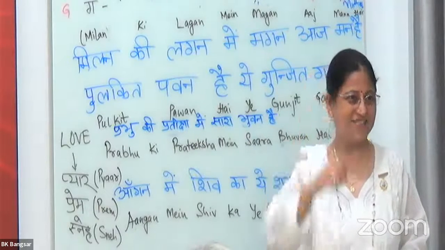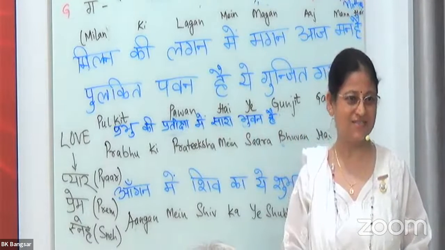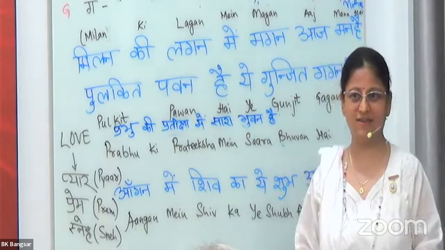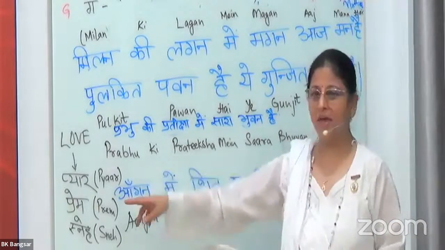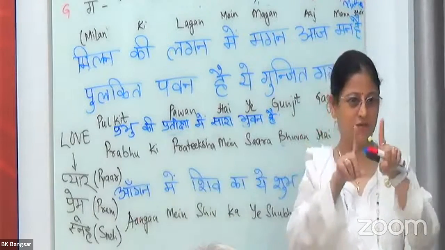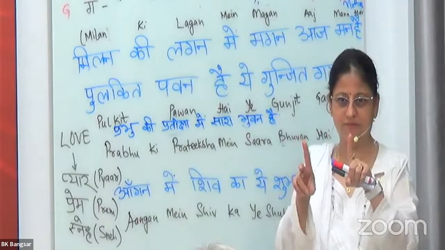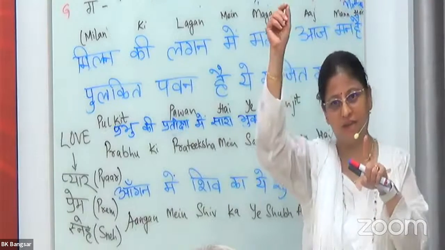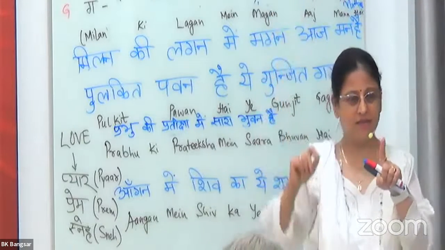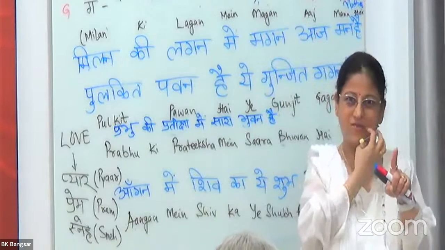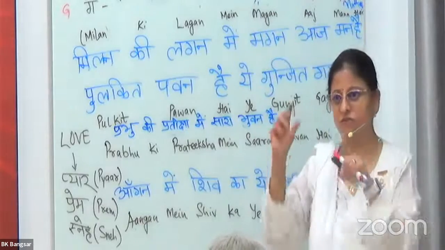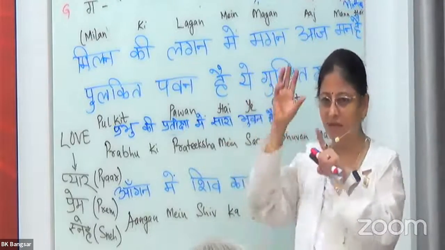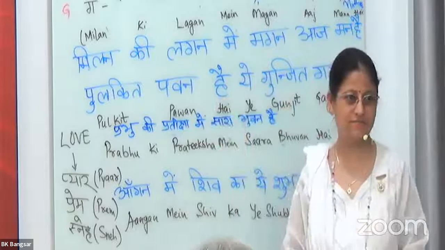Sneh milan is loving meeting. And pyar is something between, you can say, the same age group. Prem is what you do with the divine. That's how you will differentiate the feelings of love in the context.